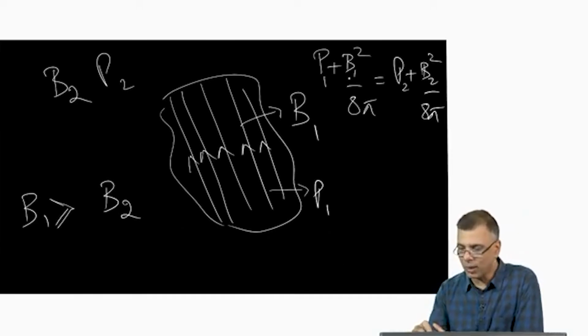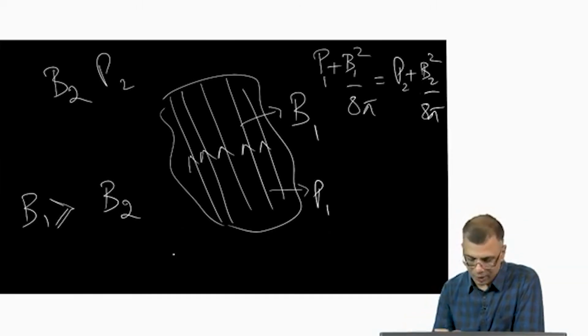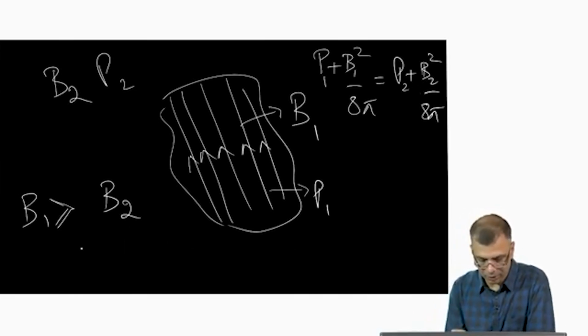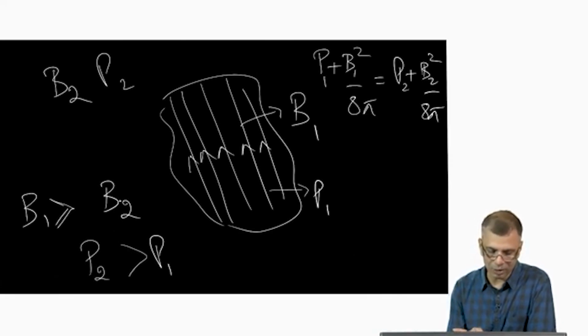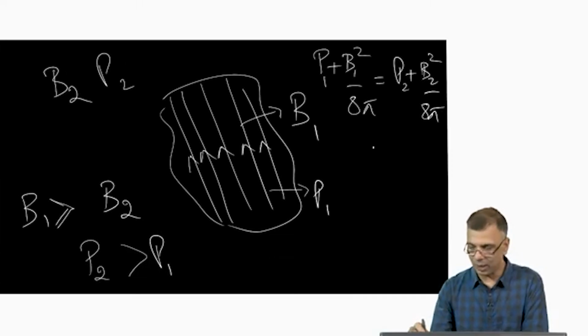Now, since B1 is greater than B2, because of this equality, P2 has to be greater than P1 in order to maintain this equality, isn't it?